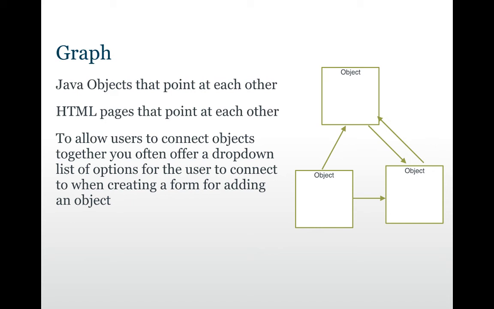So typically what you need to do in that sort of situation is that when you're creating an object, like a news story, then you would have some kind of drop-down list or some kind of way of selecting from an existing set of objects that are included. The other way that you can do it is you can split it into two stages.